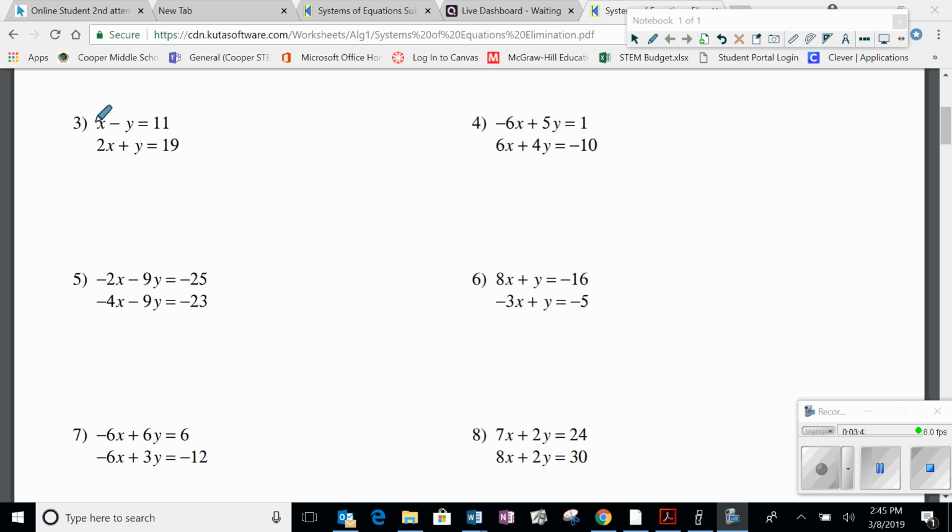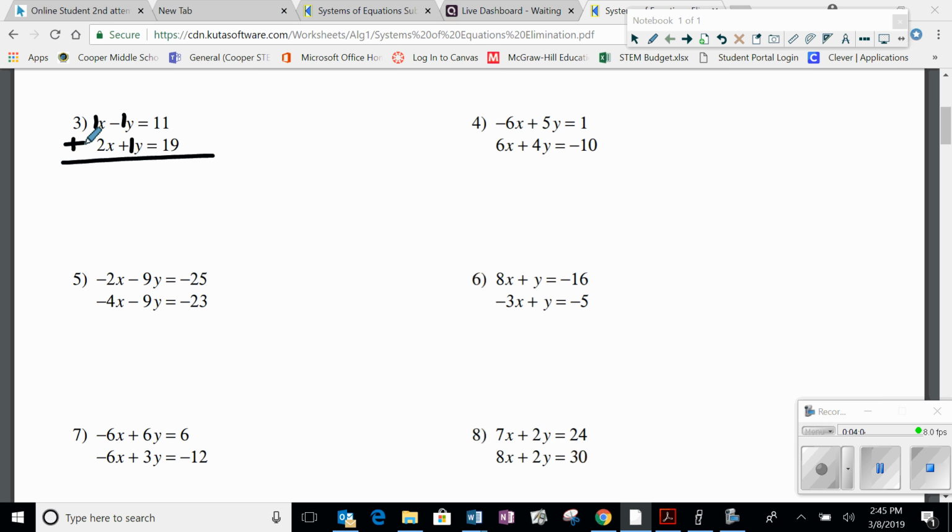So this is an understood 1, and this is a 2x. So those are not opposites, so let's look at the y value. This is a negative 1y, and this is a positive 1y. So those are opposites of each other, so when I add them together, they will cancel out.